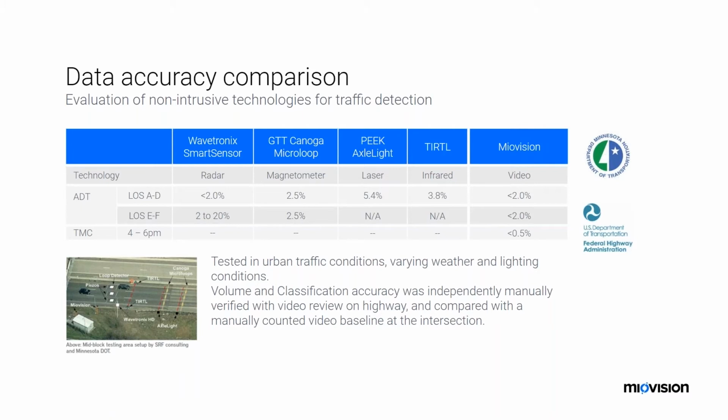We also see a lot with tools like laser and infrared issues due to elements like multi-lane roadways or cement barriers. These can impact the accuracy of those technologies. But what you can see in the bottom line of the chart is that Miovision Video was the only solution that performed with a very high level of accuracy of 99.5% for TMCs.